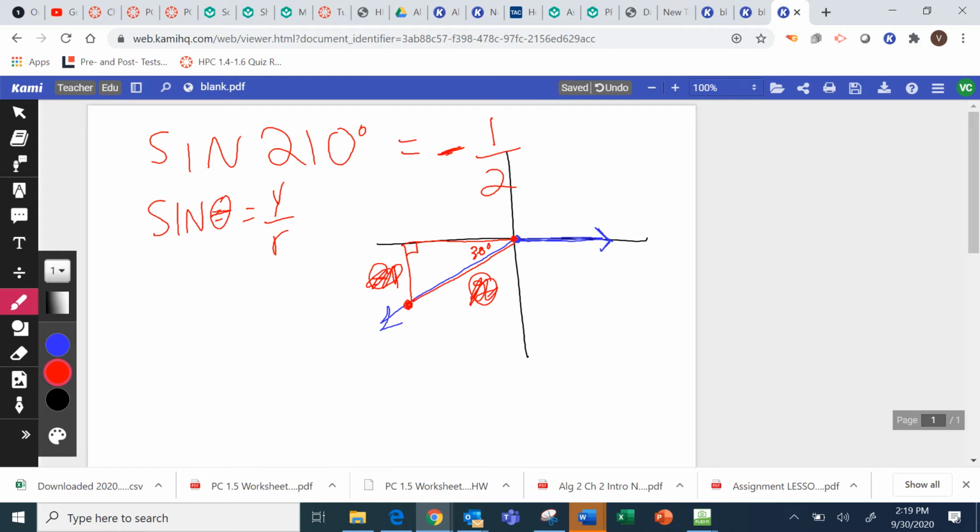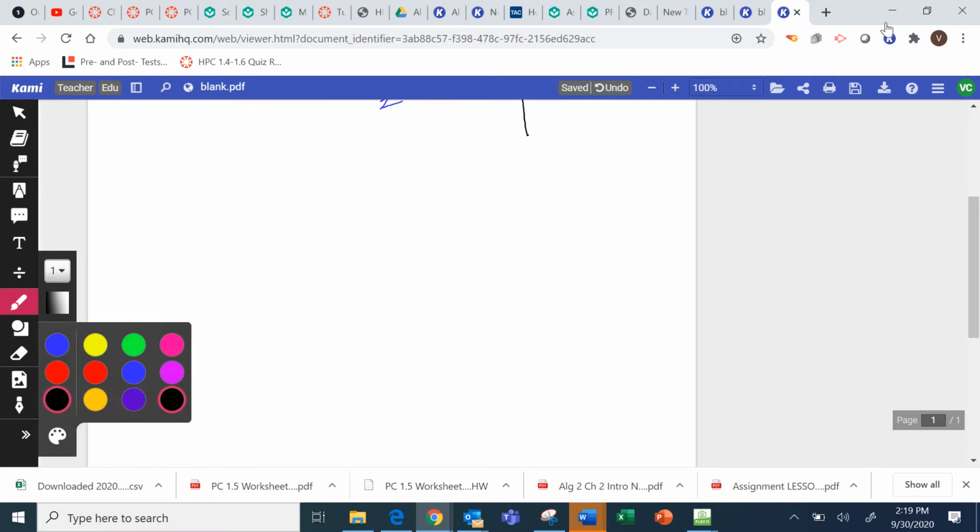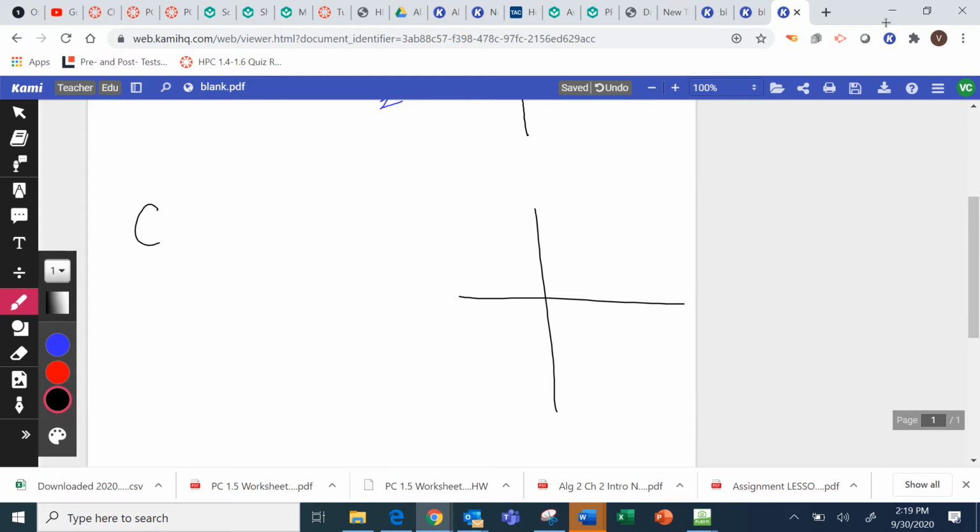Let me pull one more out of my brain. I think this one's on the assignment as well. Cosine 3 pi over 4. So I'm going to draw this picture because I'm a visual person. 3 pi over 4 says take pi, divide it into 4 equal sections, and go through how many? 3 of them.